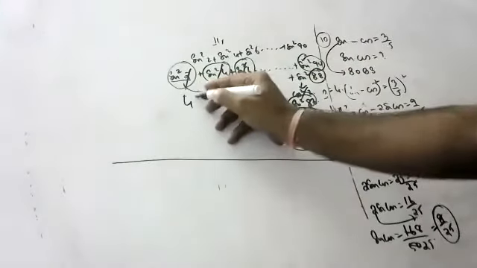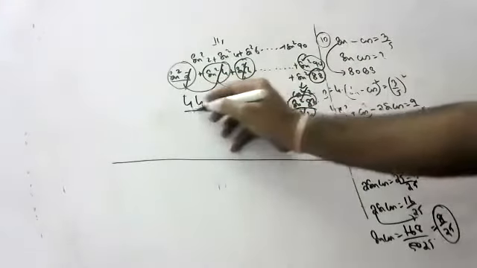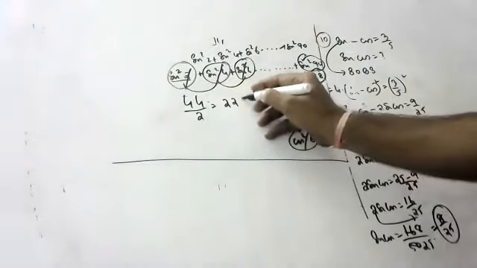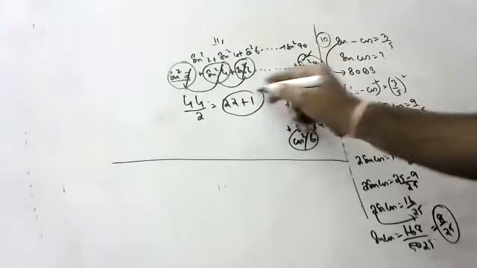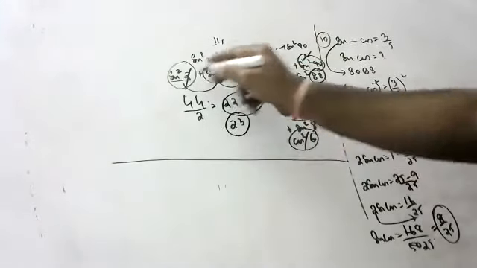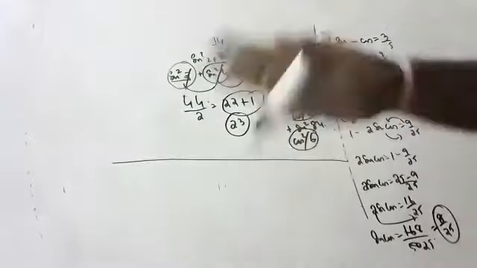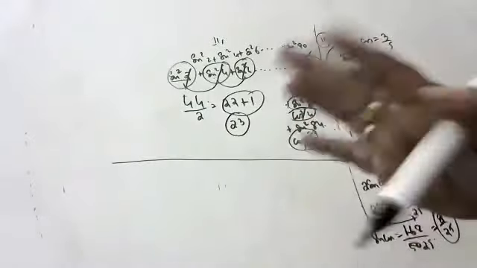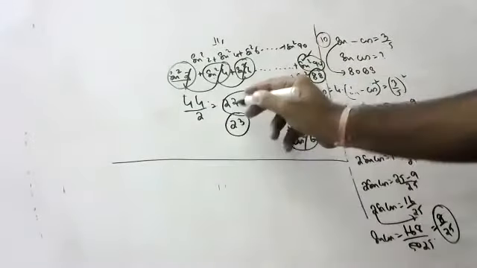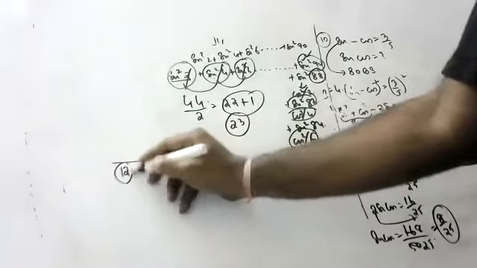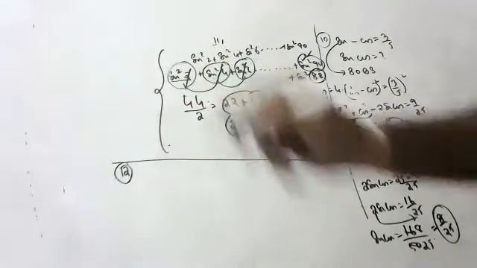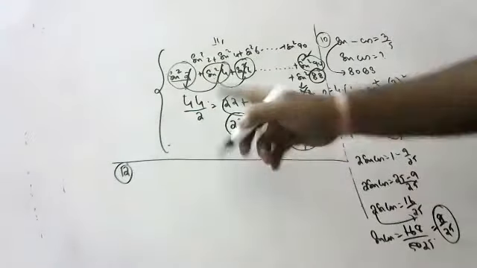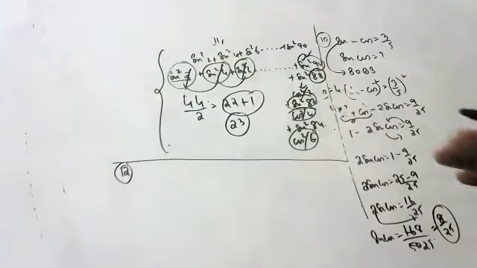Yeah, 44 is direct numbers, by 2 is 22. 22 plus this one, 23, children, because these are alternate numbers. I took direct numbers, 88 by 2. But they are not consecutive numbers. Alternate numbers are coming. So 22 plus 1, 23, children. So you should be careful, children. Very, very logical question. You should be a little bit careful. If not, as I did wrong, you will also do wrong, children.